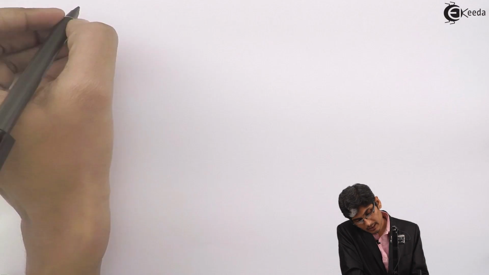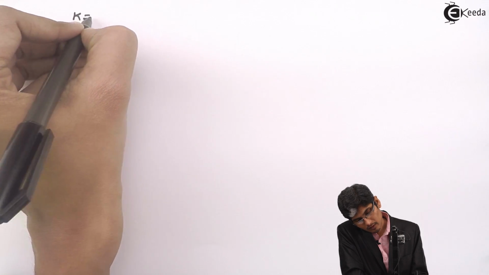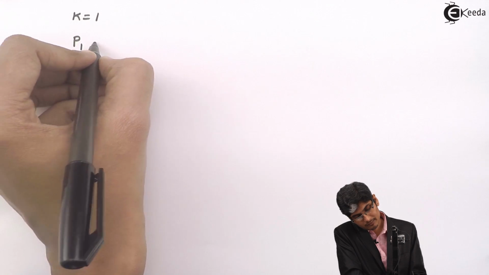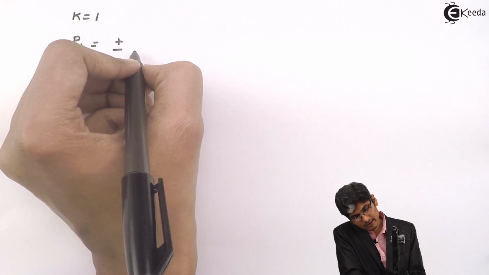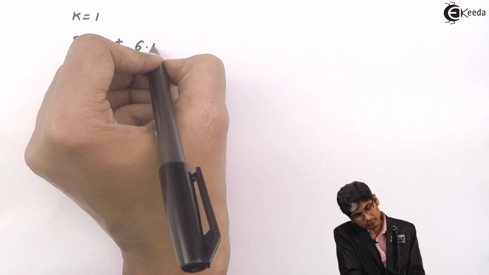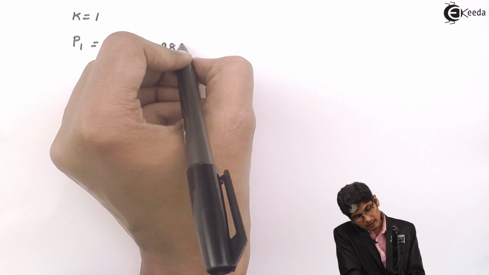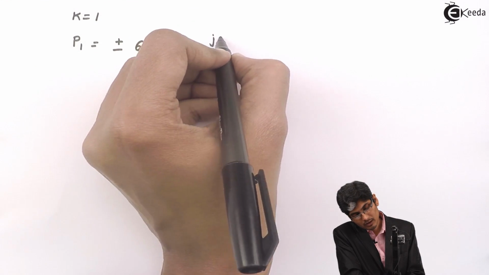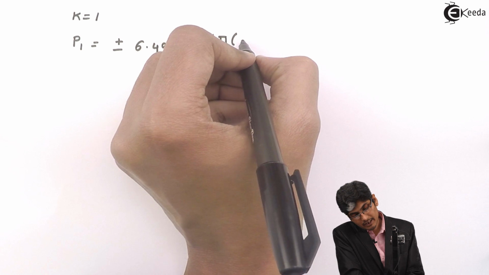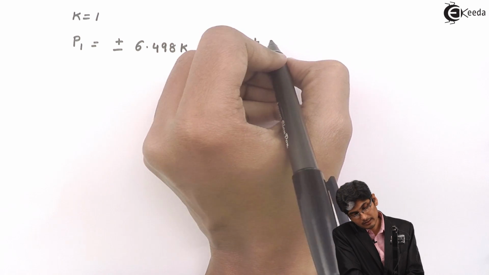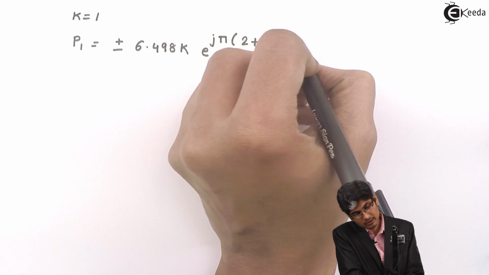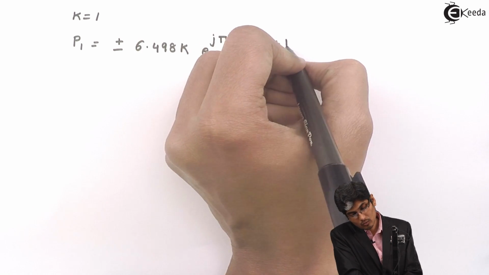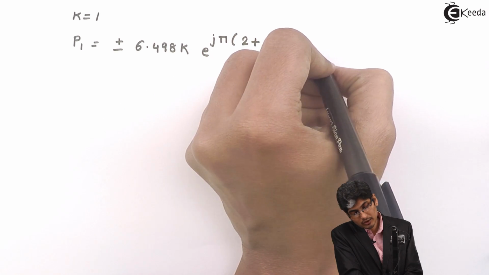So let us start with k is equal to 1. For k is equal to 1, I will have p of 1, which is equal to plus and minus omega c, 6.498 k, e raised to j into pi, then I have n as 2 plus 2 into k, which is k is 1, so 2 into 1 will be 2, plus 1, divided by 2 into n, n is 2.